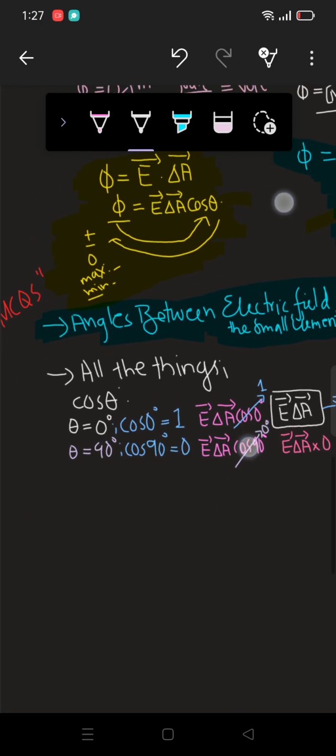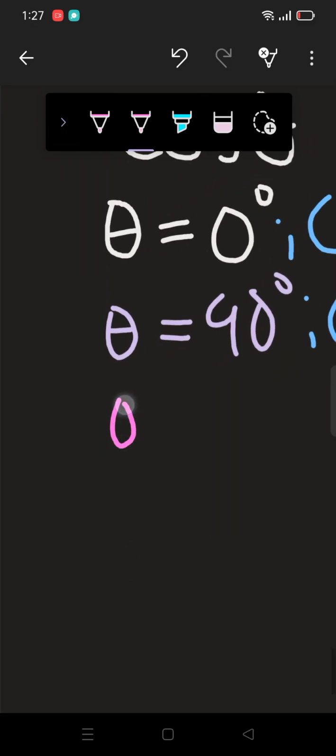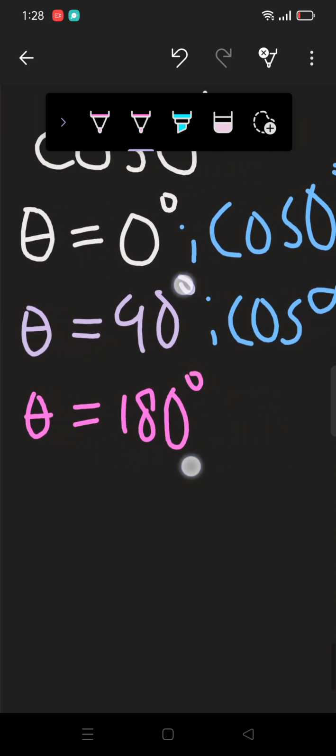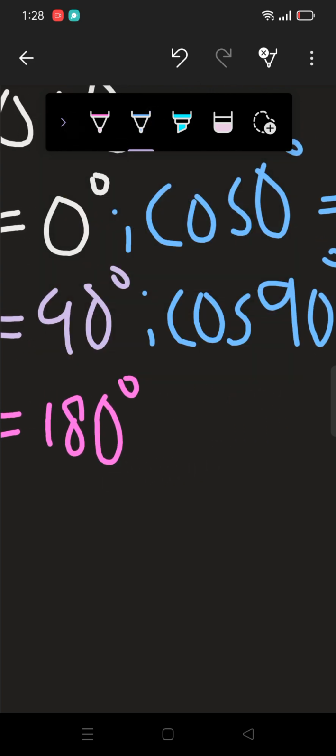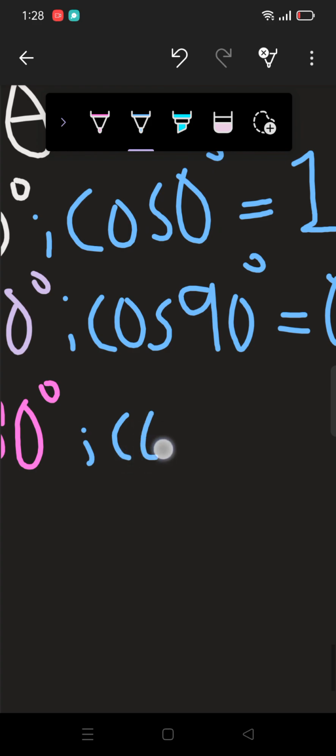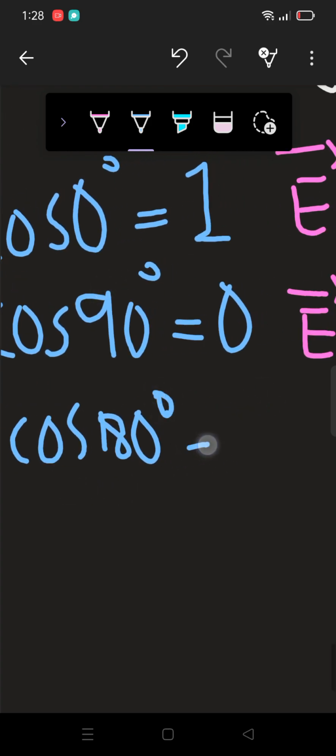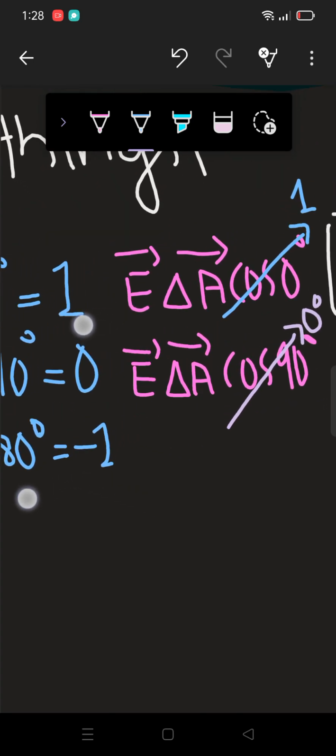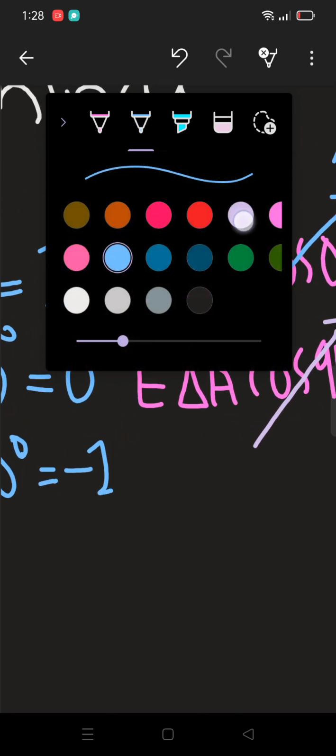Alright, now if the angle between electric field intensity and the small element of vector area is 180, so we know that cos 180 is equal to what? Cos 180 is equal to -1. Alright, so let's put this inside the formula.